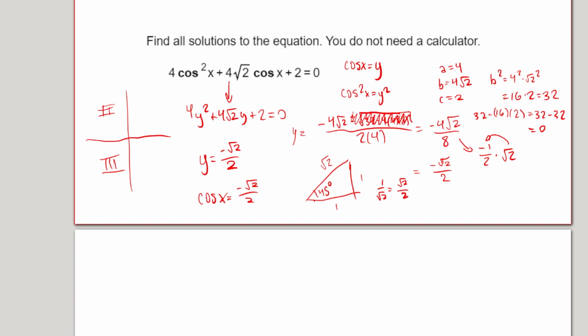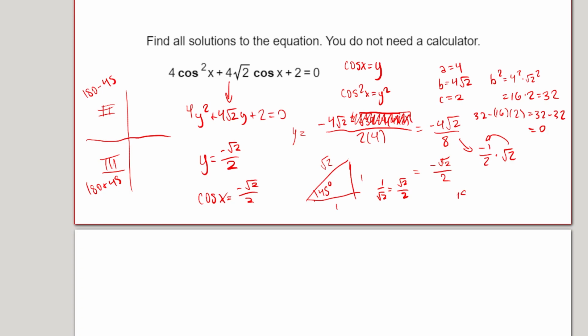So we have to find out what the reference angle for 45 will be in quadrant 2 and quadrant 3. And if you don't know how to find that, in quadrant 2, it's going to be 180 minus whatever angle you're trying to use. So in this case, it'll be 45. And in the third quadrant, it'll be 180 plus whatever angle you're trying to use, 45. Okay?